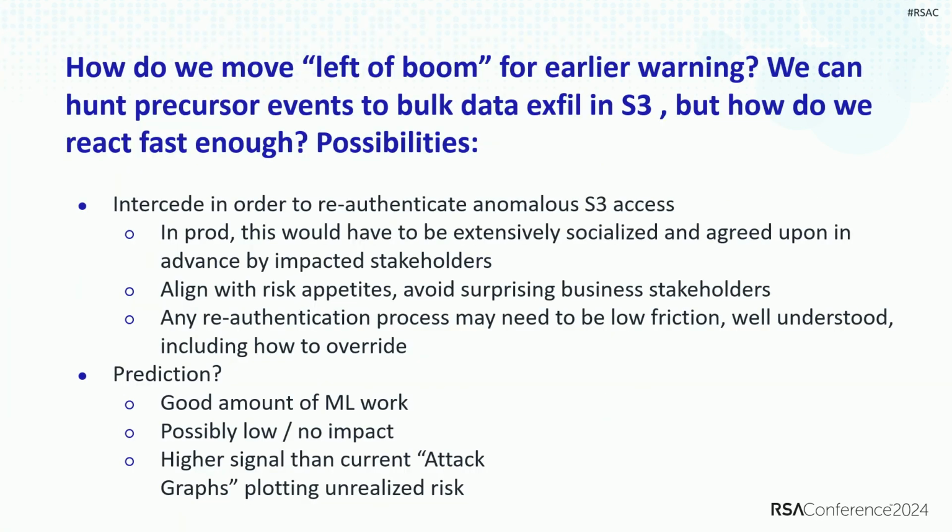And the question is, what do we do? What's next, right? Because I myself would be very reluctant to aggressively shut down a busy S3 process, even if it's new and rare and anomalous.